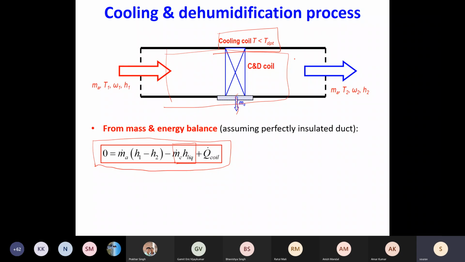But the amount of water that comes out, and its liquid enthalpy, you will see is again a very, very small amount. But to be accurate, we have to account for all the enthalpies. So this is the enthalpy coming in.